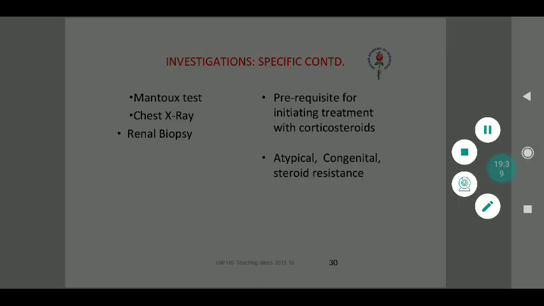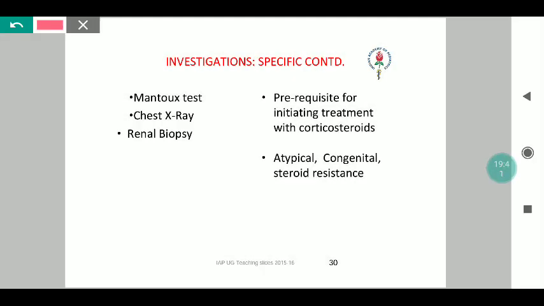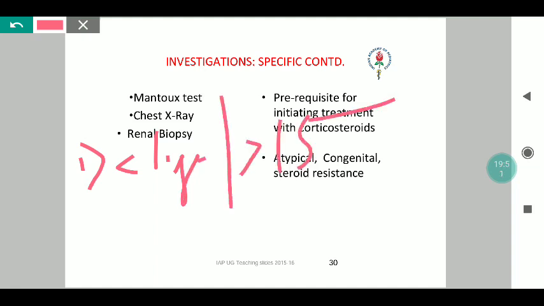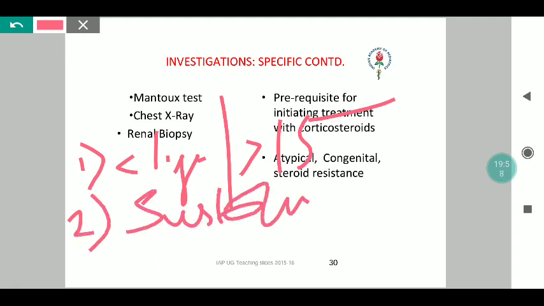Now the specific indications for renal biopsy I will list out. It is just a few points. Point number 1, age at presentation less than 1 year or more than 15 years. Number 2, sustained hypertension.